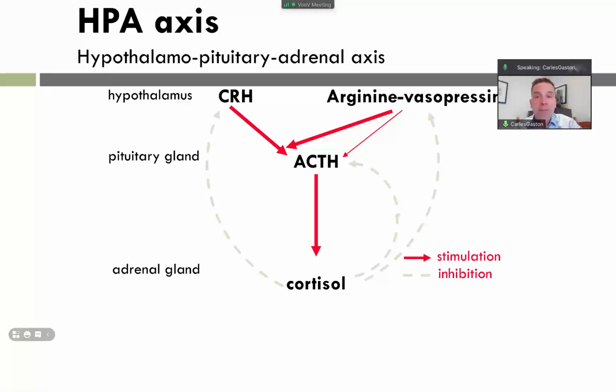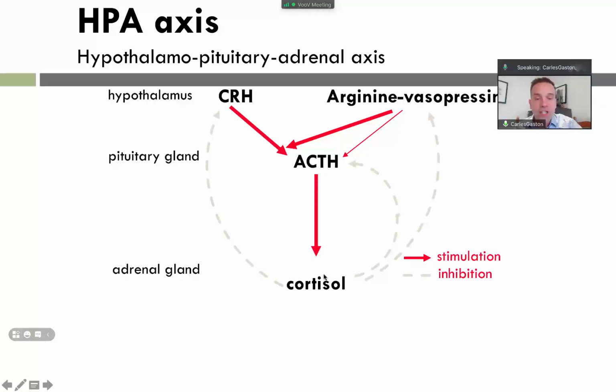But to summarize very shortly, the hypothalamus produces corticotrophin-releasing hormone, which goes to the anterior pituitary and activates the corticotroph cells to produce ACTH.